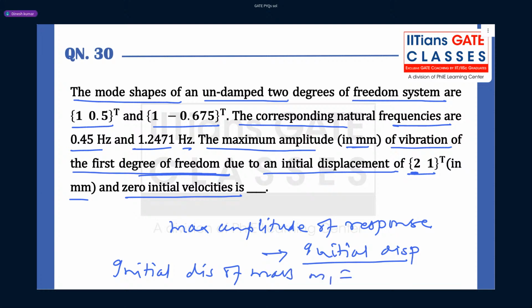How much is the initial displacement of mass m1? It is 2 mm, right? So this will always be the maximum amplitude of the first degree of freedom. There cannot be any value greater than 2.